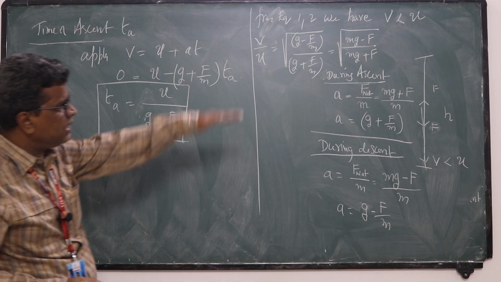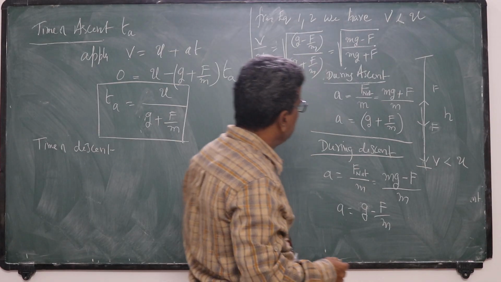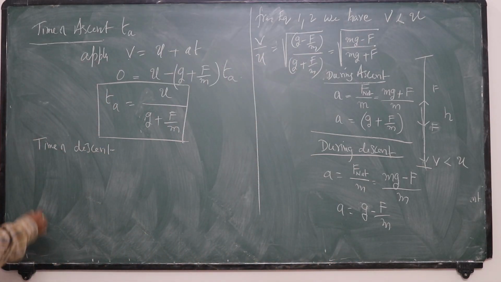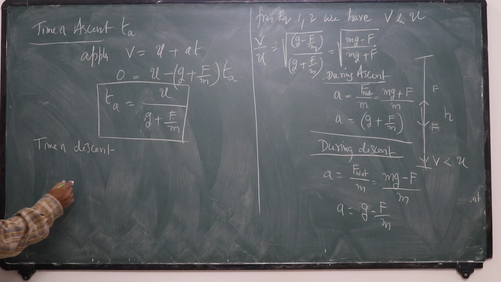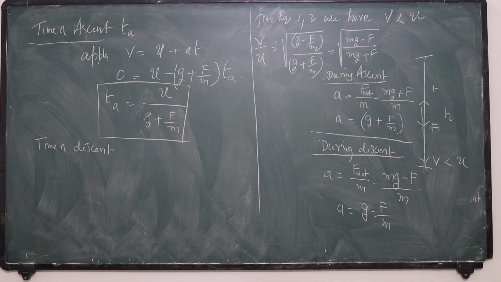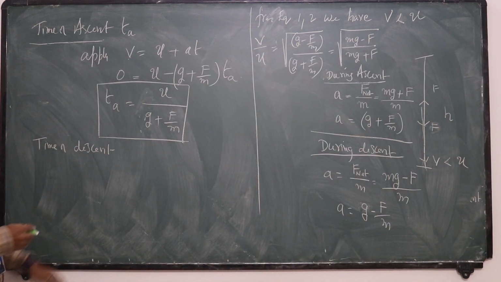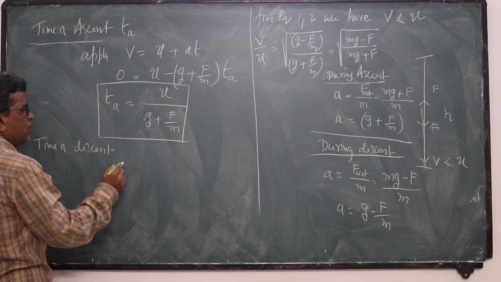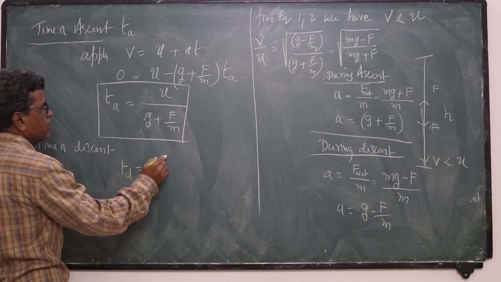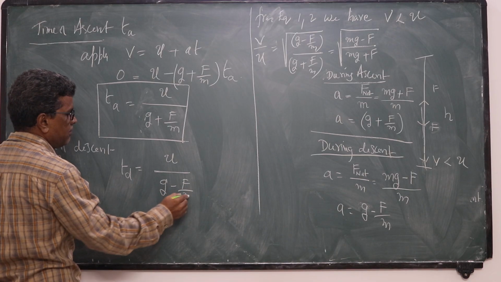What height it will rise, with the same height it will fall. So I am applying s is equal to ut plus half at square. Similarly, for time of descent, we can prove that you will get u by g minus f by m.